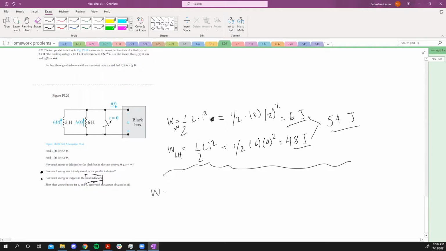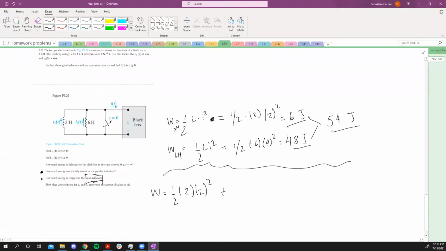So 1/2 times 2, and then the current across I1 is 2 plus.